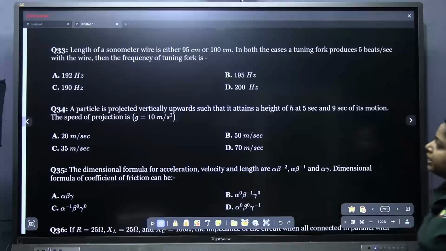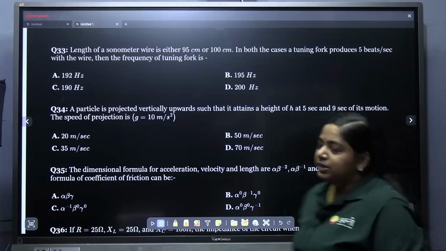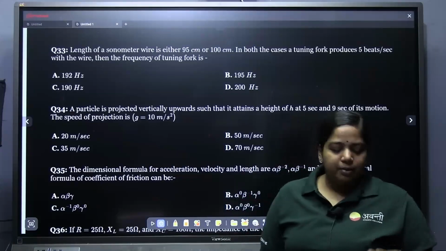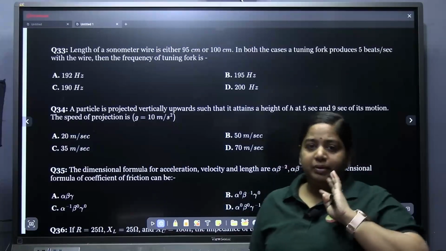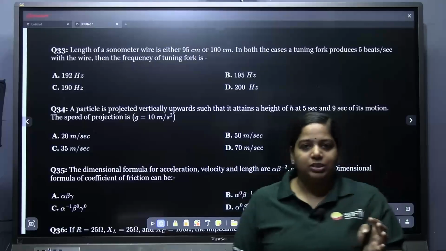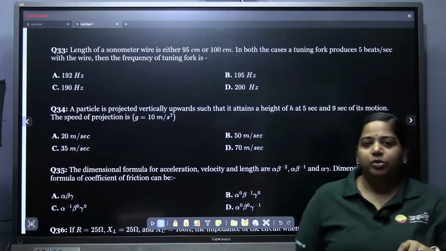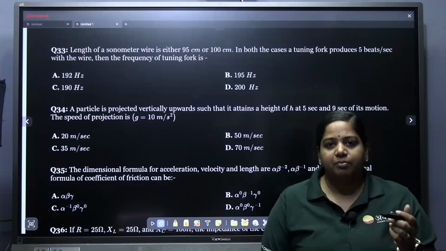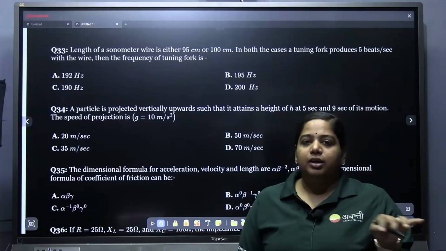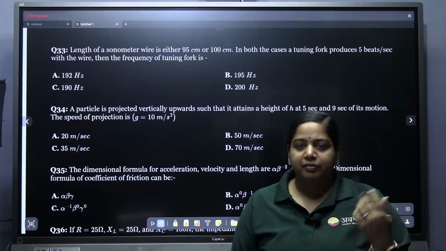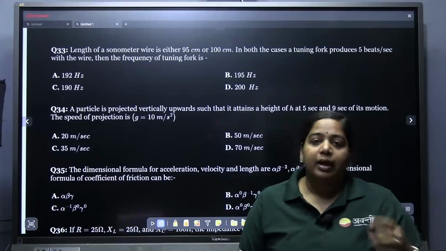The length of a sonometer wire is either 95 cm or 100 cm. In both cases, the tuning fork produces 5 beats per second with the wire. Then the frequency of the tuning fork is. The concept is very small, but they have used an assumed value of v, the velocity of sound in air.